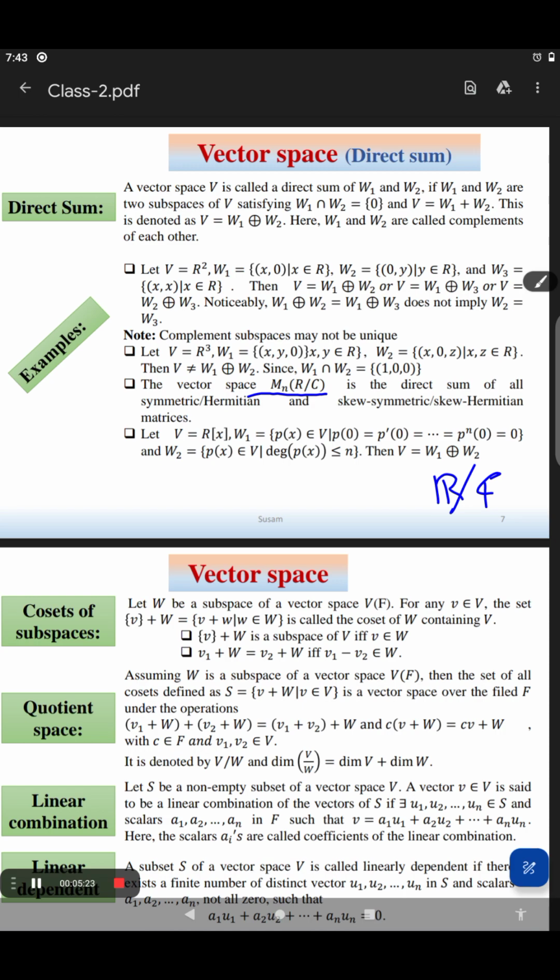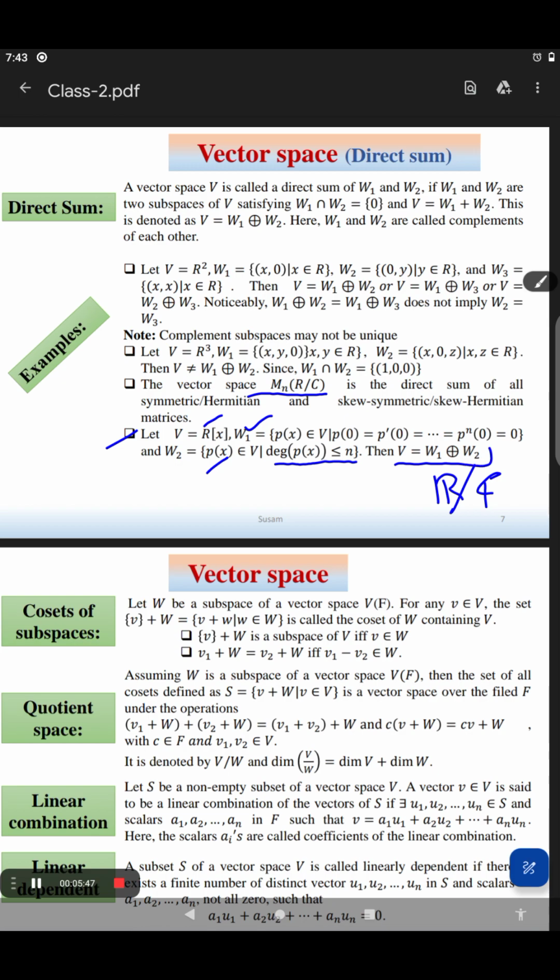Okay. Now I consider the vector space R[x], and W1 as the set of polynomials p(x) such that the nth order derivative at zero is 0, and W2 such that the degree of p(x) is less than or equal to n.